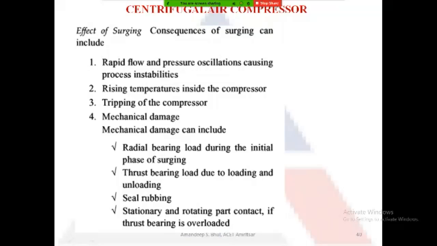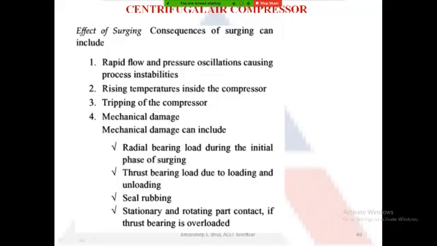Okay. Now this instability also causes mechanical damage to the compressor parts. Okay. The radial bearing might get damaged because of surging. The thrust bearing might also get wear and tear. Okay, the rubber seals might also get damaged because of the oscillations and the vibrations that are produced because of this surging.